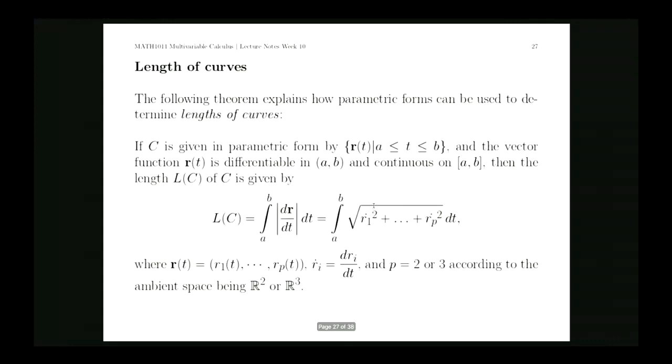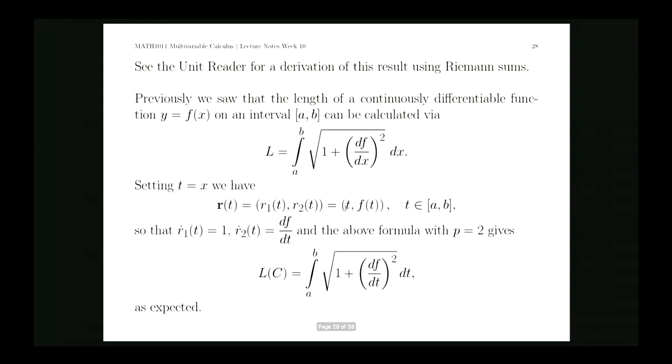And I plug that into this formula. I need the square root of the derivative of the first bit squared plus the derivative of f of t, so 1 and df dt, and its length. So the square root of 1 squared plus df dt all squared. And of course, same damn thing. Remember, this is a definite integral, so this one's just integrating with respect to t, that's with respect to x. Who cares? It gives the same answer.